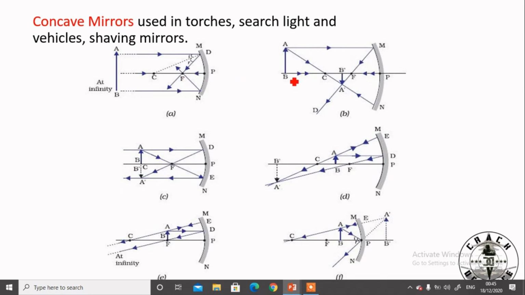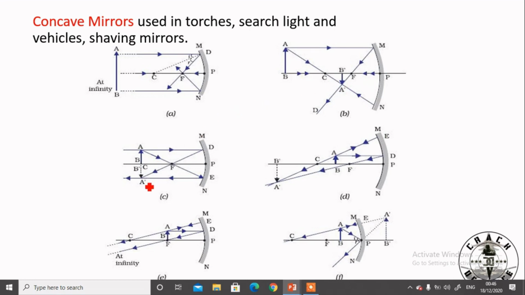Coming to the second position, we have an object placed somewhere between infinity and C. The image formed will be between C and F, that is, the center of curvature of the mirror and the focal point, and would be inverted and real.